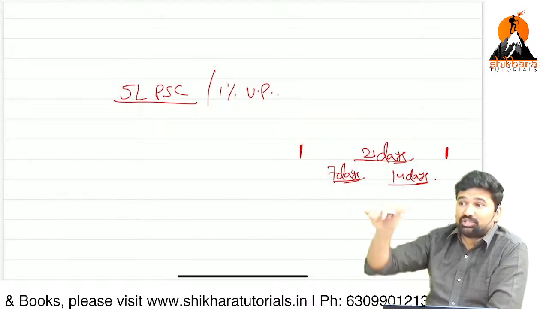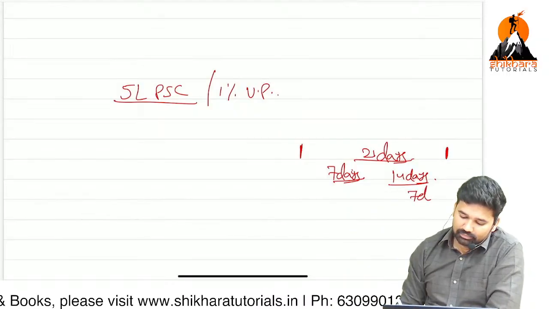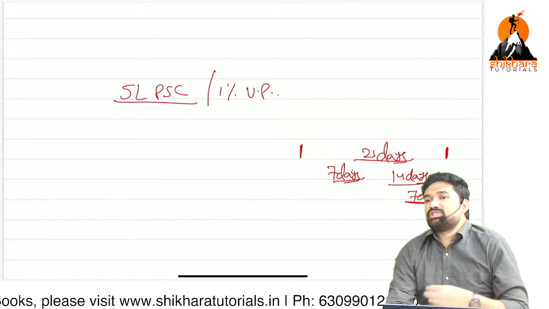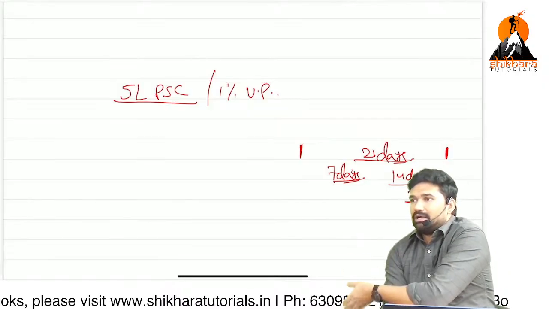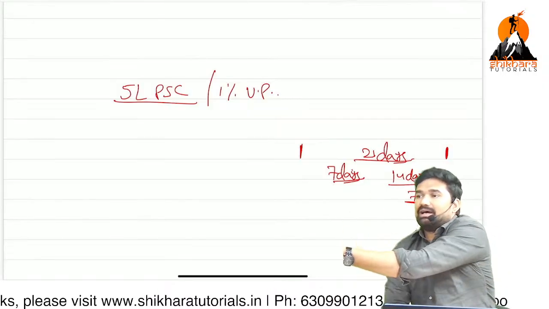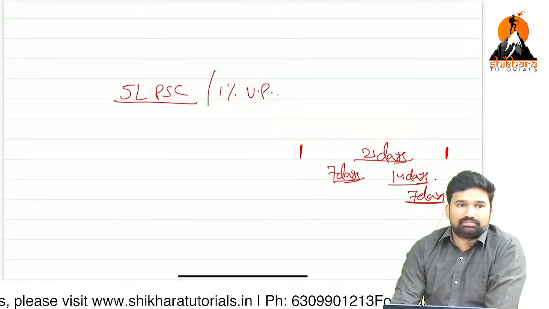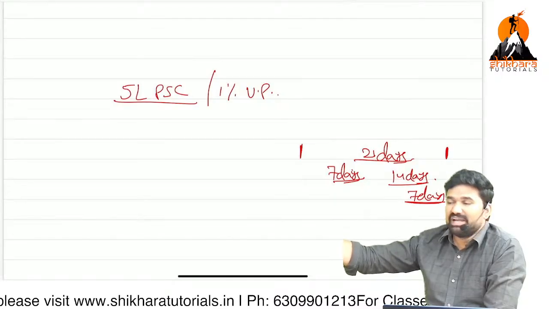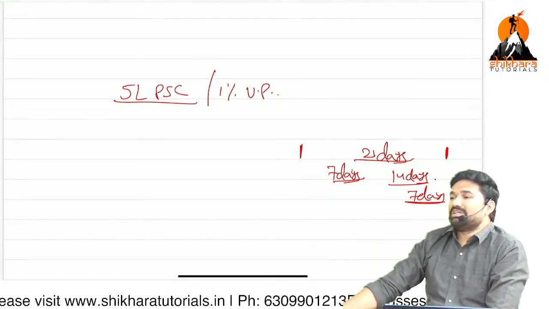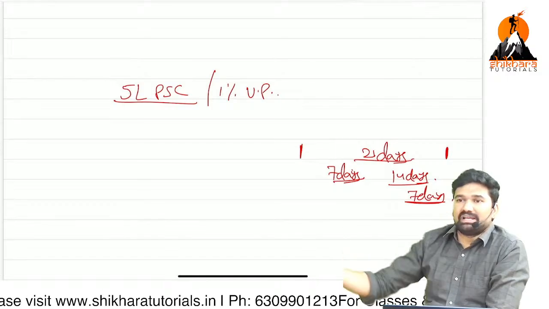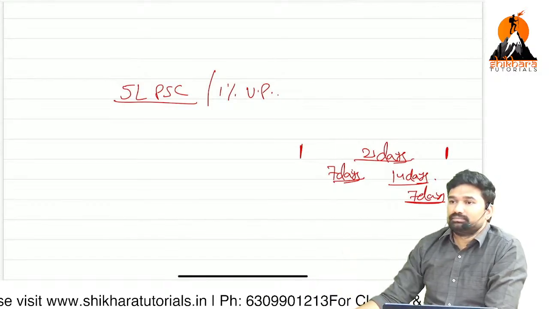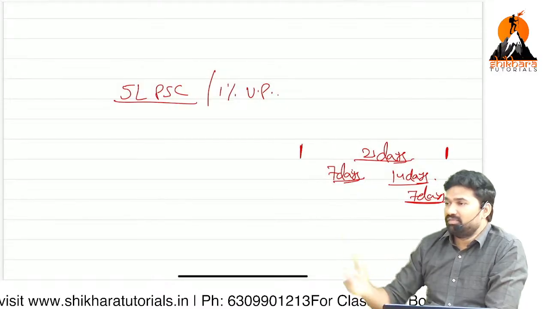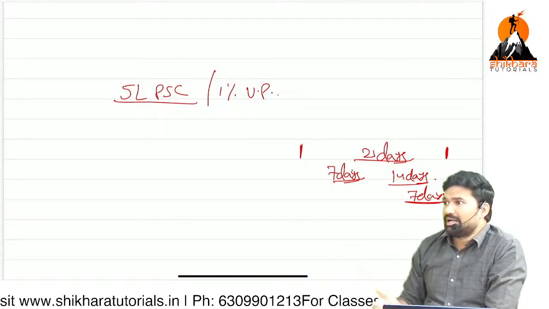Then the company, at least 7 days before the meeting, has to inform other members as well as the director whom the members intend to remove about this agenda. The company needs to intimate the director: Mr. X, the proposal has been received by us for your removal. Is there any representation you wish to make to the members? If you wish to make any representation, type it and give it to us.